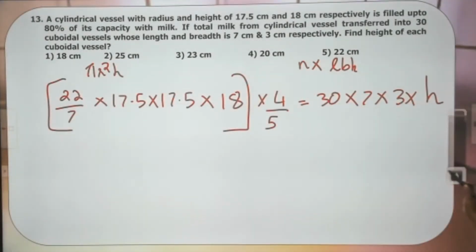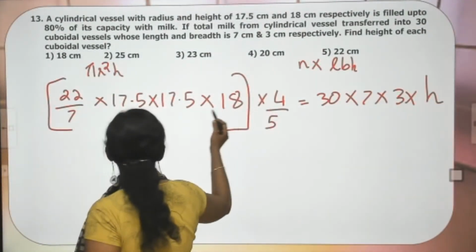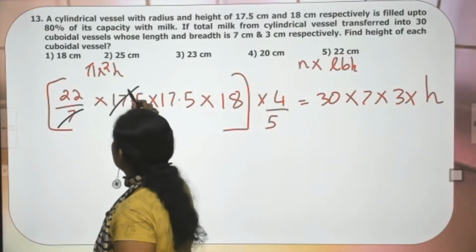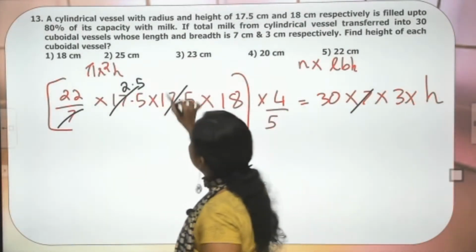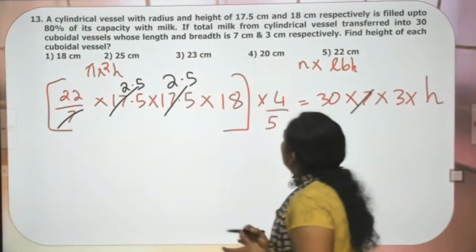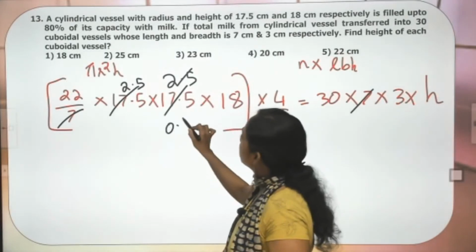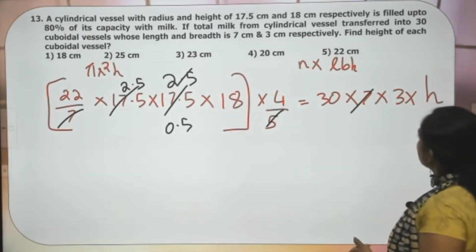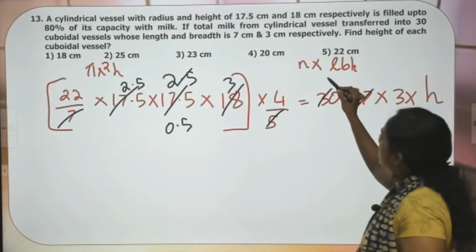If you have any doubt, please comment it. Now I am going to simplify it. With 7 this will be 2.5. Again with this 7 this will be 2.5. Next with this 5 this will be 0.5. Next with 6 this will be 3 and this is 5.